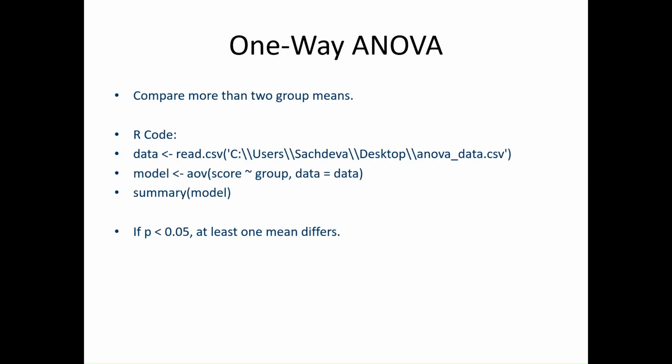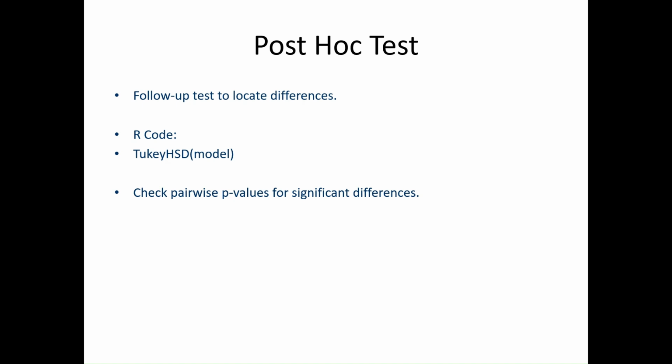Once ANOVA shows a significant difference, we use a post hoc test to find out which specific groups differ. The most common method is Tukey's HSD test. In R, use TukeyHSD(model). The output lists all pairwise comparisons, showing which groups differ significantly and by how much.